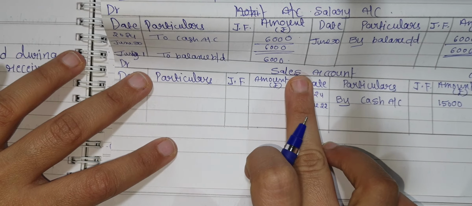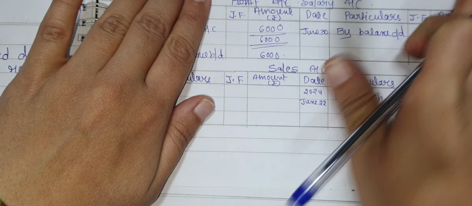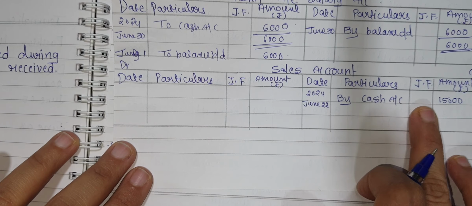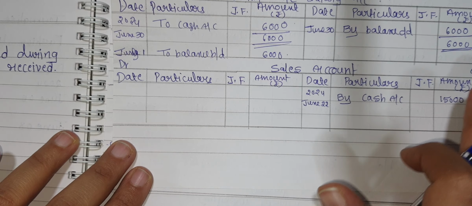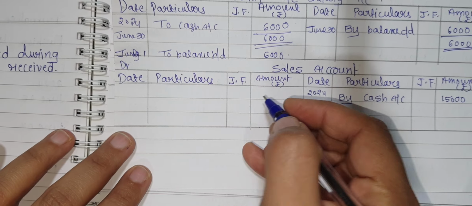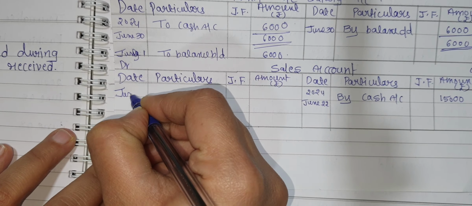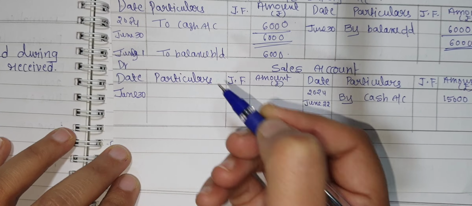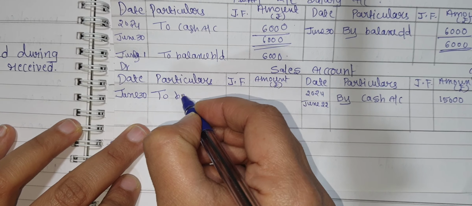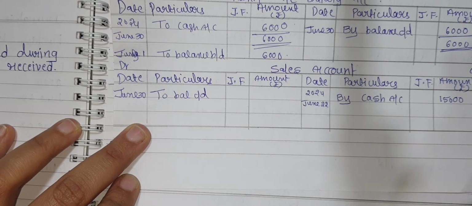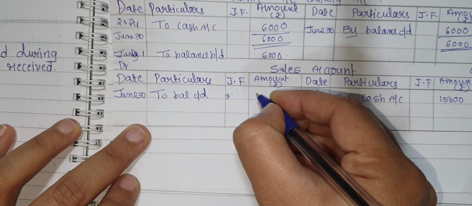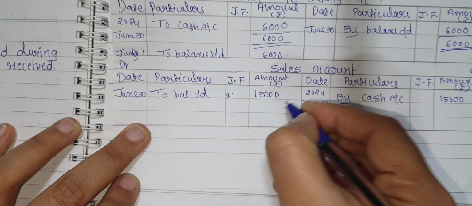And next one, the sales account. See here, in the sales account, that is by cash account 15,000 on the credit side. Here on the debit side there is no amount, so we have to now close the account, that is June 30th, to balance carried on. This is the closing balance, that is rupees 15,000.